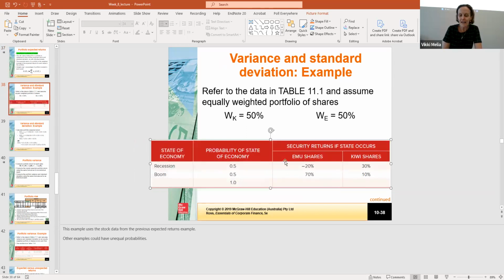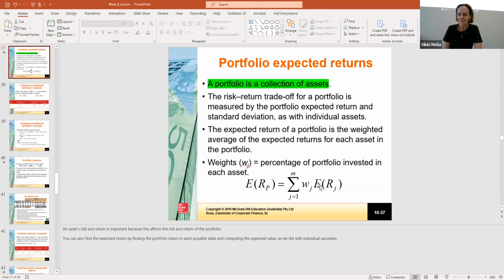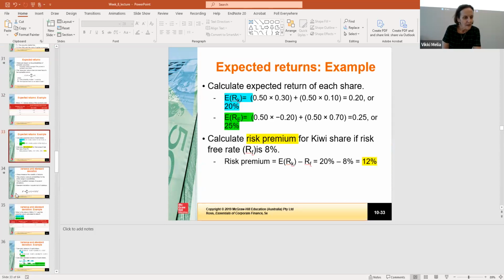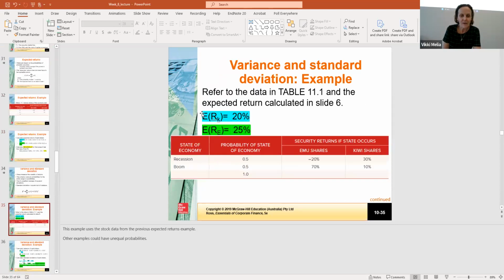And to calculate the expected return of our portfolio, 50% of our money is invested in Kiwi and 50% of our money is invested in EMU. They're the weights. But we need the expected returns. We've already calculated them. So I'm going to copy these. We've already done those calculations. We don't need to do those again.